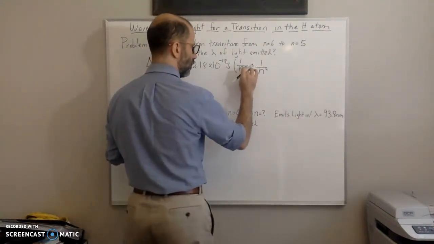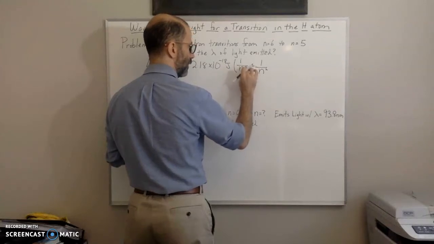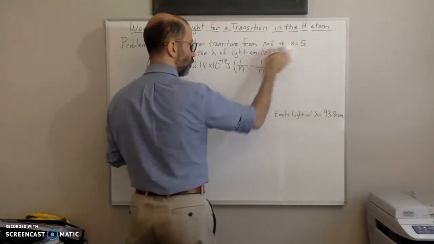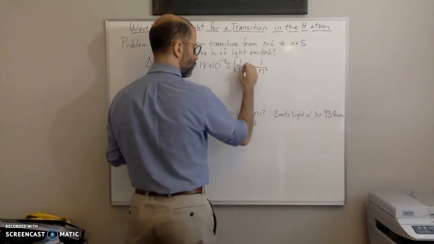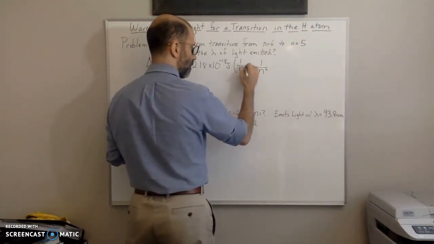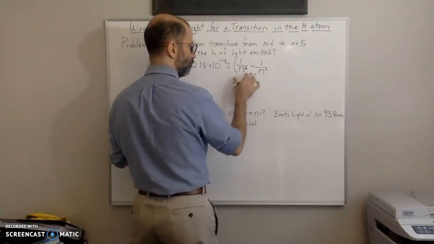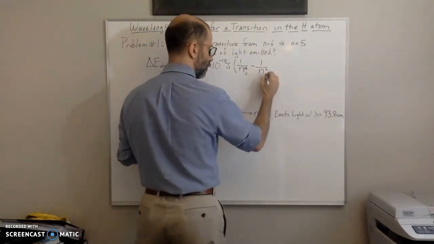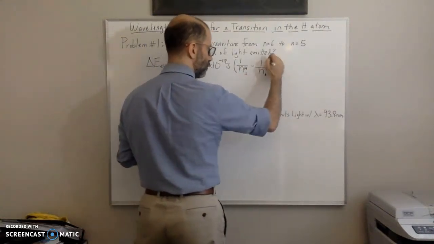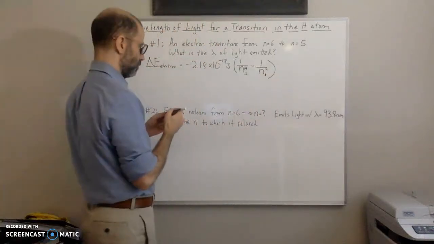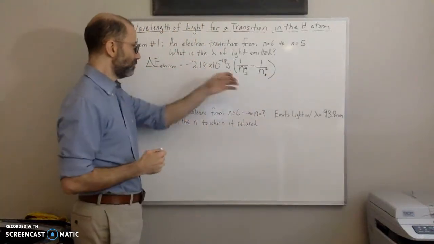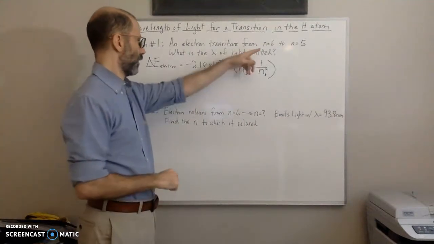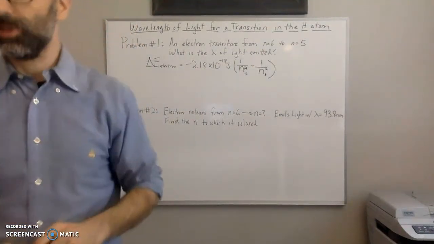So the n equals 5 is going to be this one, and the second one you go to, which is lower, so the final minus initial. Here, we're going to plug in our values for n equals 5 and n equals 6.